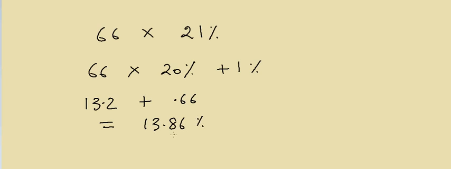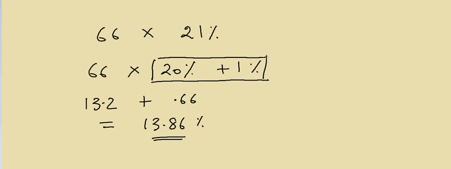Now mind you, right now we are splitting the percentage. We don't always have to split the percentages, we can also split the number itself. So let me do it this way. 60 plus 6, into 21%, right?